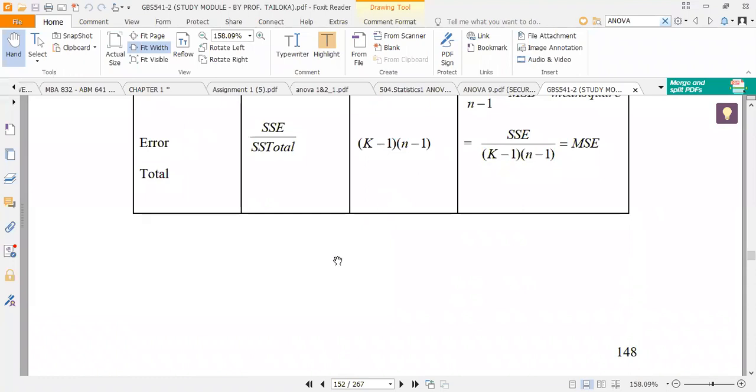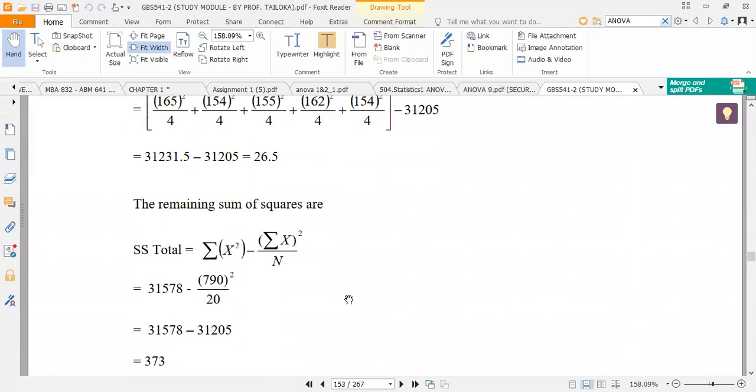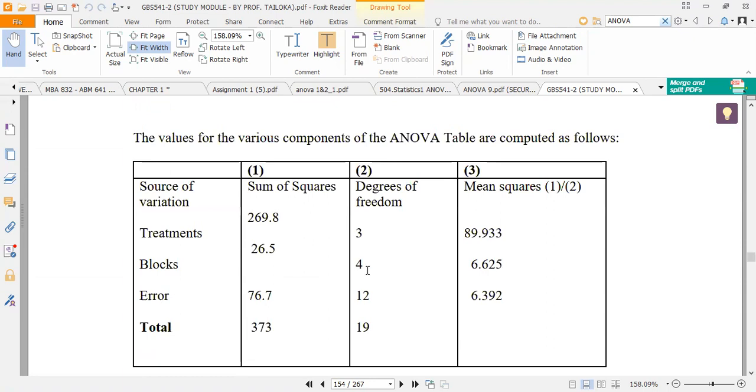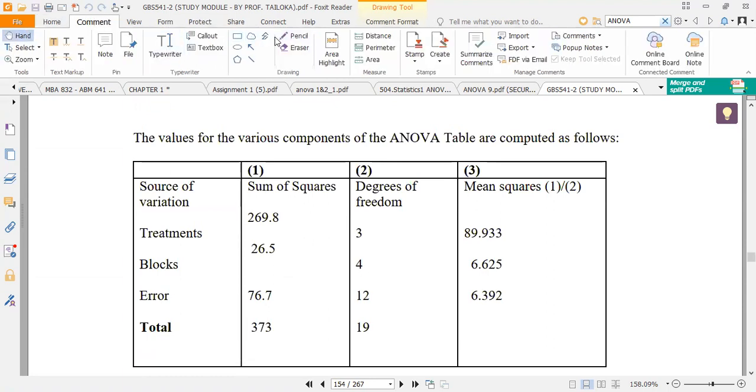I just want you to tell me where the figures are coming from for each of the respective answers. So if we're given this one, sum of square treatment, this one, sum of square block, and this one, sum of square total, can somebody tell me how do we find the sum of square error?